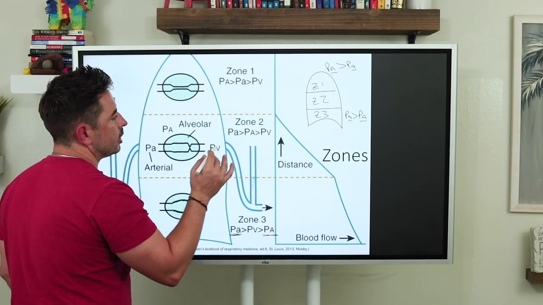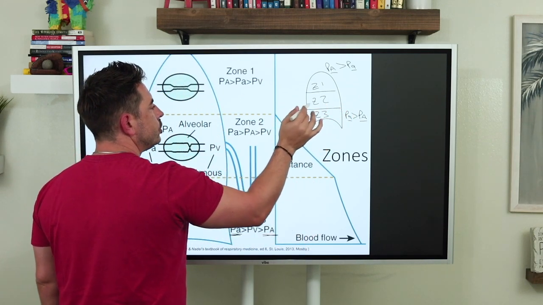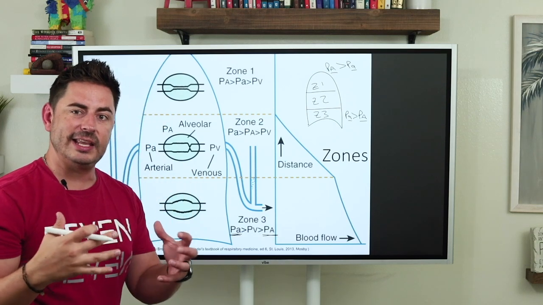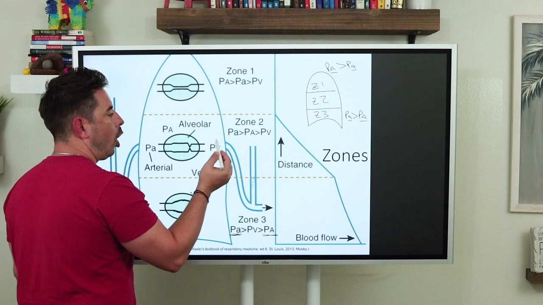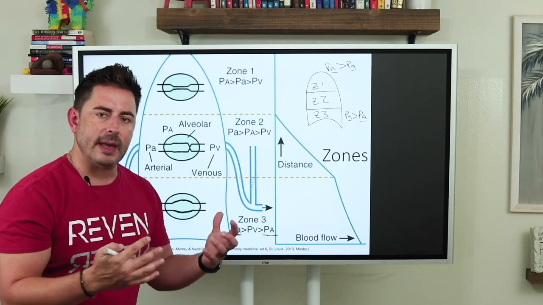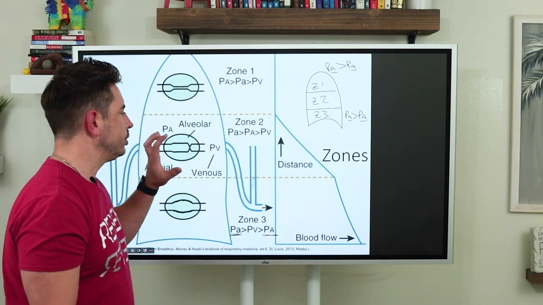And this is where we start to see changes in our respiratory quotient here in zone 2. Zone 1 and zone 3, those are pretty static. They stay the same quite often, but you have a fluctuation of the arterial pressure, the alveolar pressure, which changes the amount of ventilation and perfusion that are taking place in zone 2.